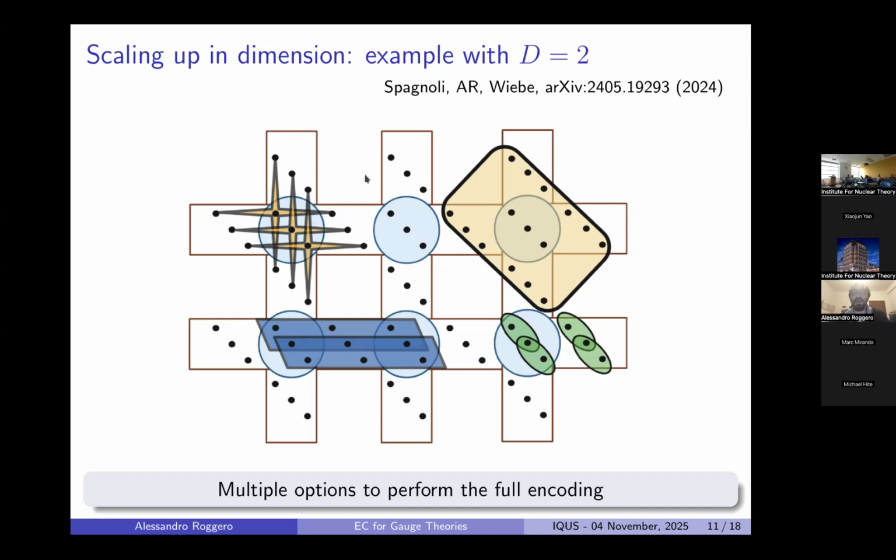But the way you merge and do the concatenation depends on what you would like to do. Usually you can trade the complication of extracting stabilizers against the number of stabilizers you have. These are all games that one can play once you have a theory in mind to simulate.